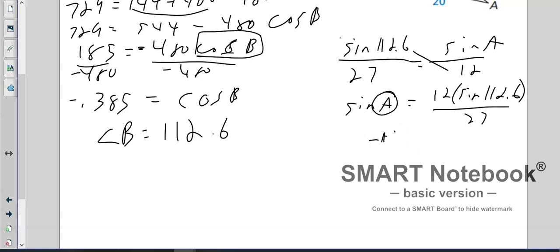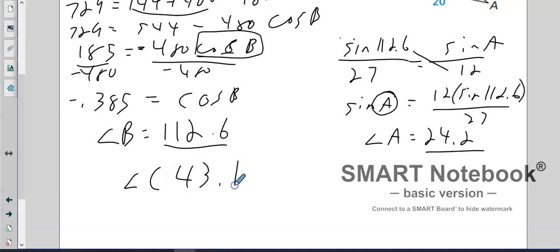I'm just not writing anything correctly, so let's try this again. Angle A, 24.2. All right. Now, if I add this and this together and subtract from 180, angle C ends up being 43.1. Hold on. Nope.